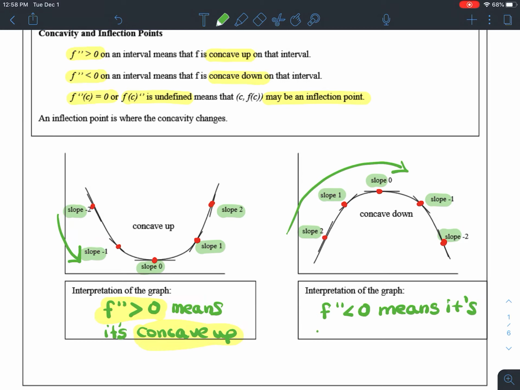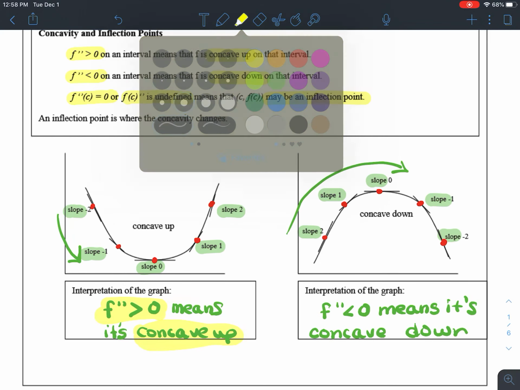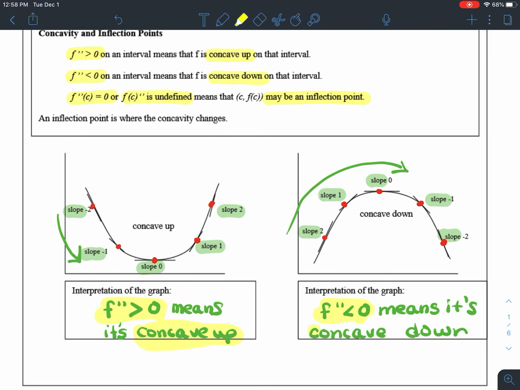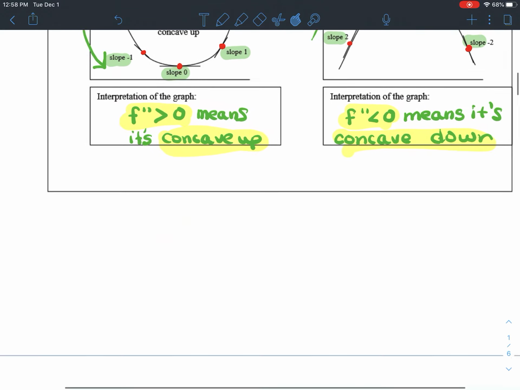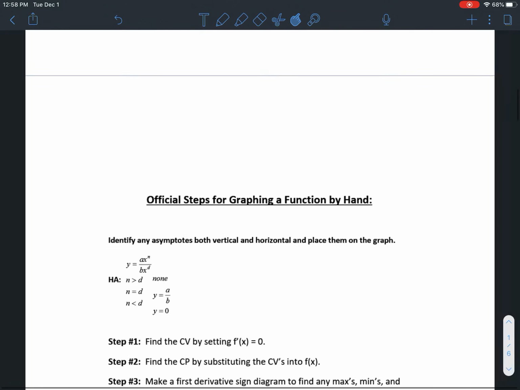Anytime your second derivative is less than 0, that means the graph is concave down. So we want to connect that if our second derivative is less than 0, that section of the graph is concave down. That's going to be important when we're graphing these by hand.